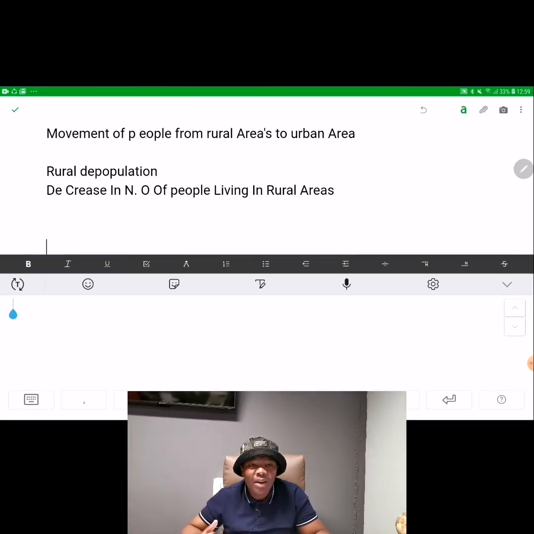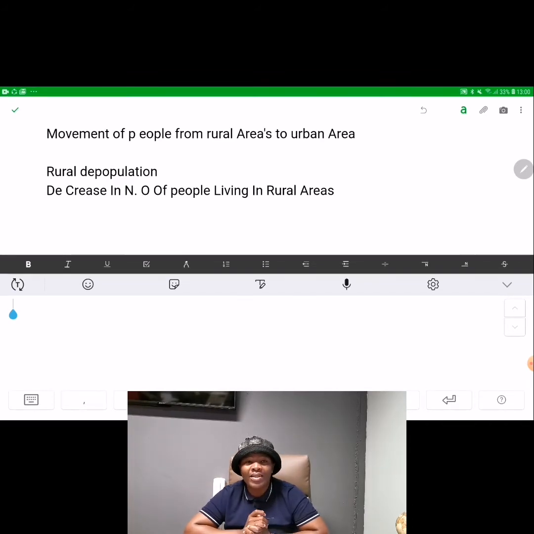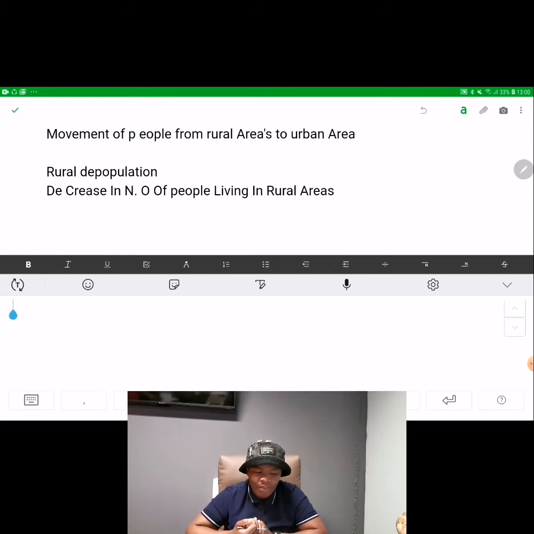So let us look at the causes of rural depopulation. Poverty is the most important reason, because people move from rural areas into urban areas to seek job opportunities. Other things that influence rural depopulation are poor healthcare in rural areas, few education opportunities, the unemployment rate, and the distance from urban services.